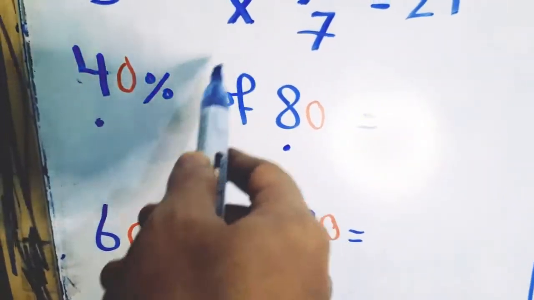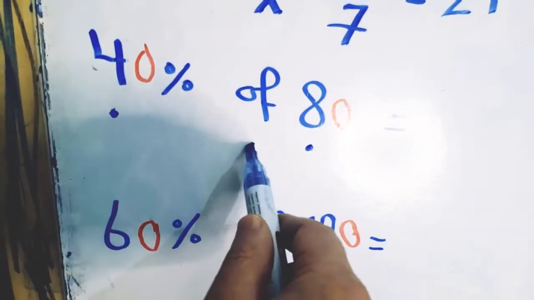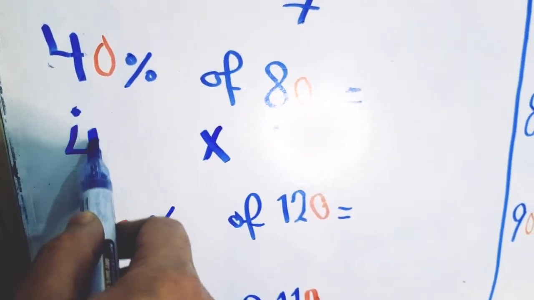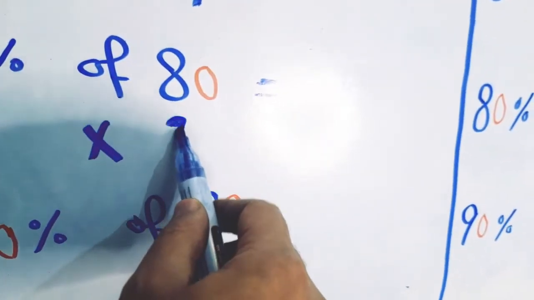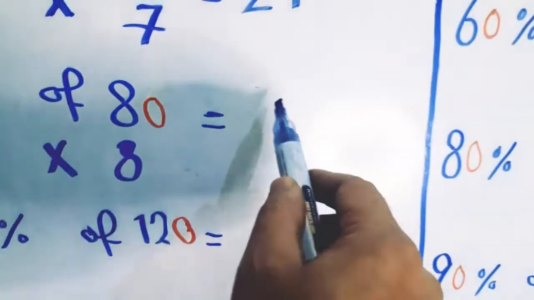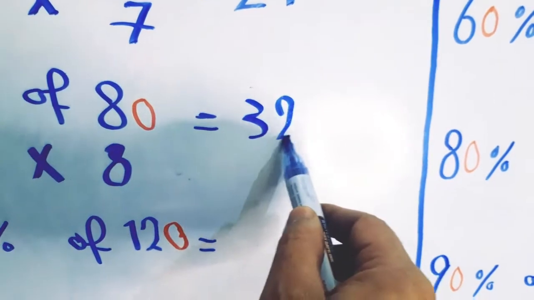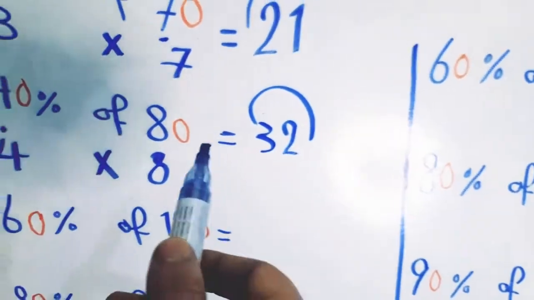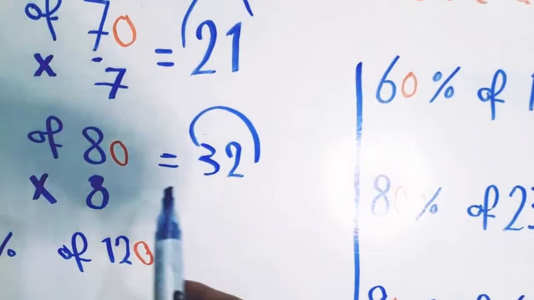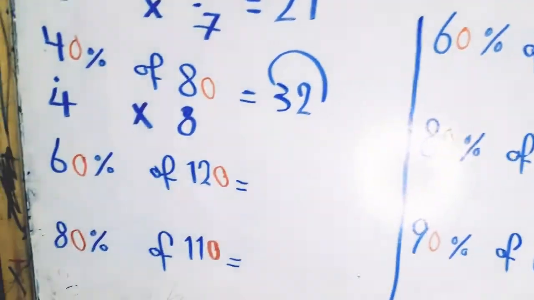As you know, "of" here means multiplication. So we multiply 4 by 8. 4 times 8 equals 32. So 40% of 80 equals 32.